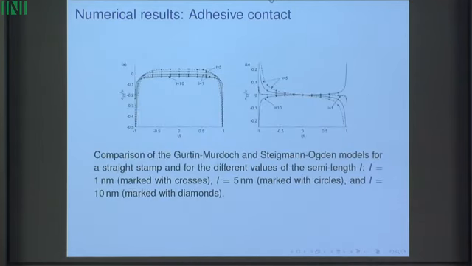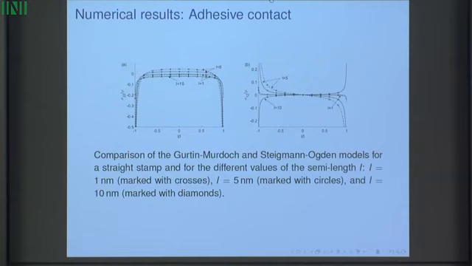And here is another type of results for change in contact interval, so different lengths of contact interval. And again, the general conclusion here is that the smaller your structure, the higher the smoothing effect of this surface energy.